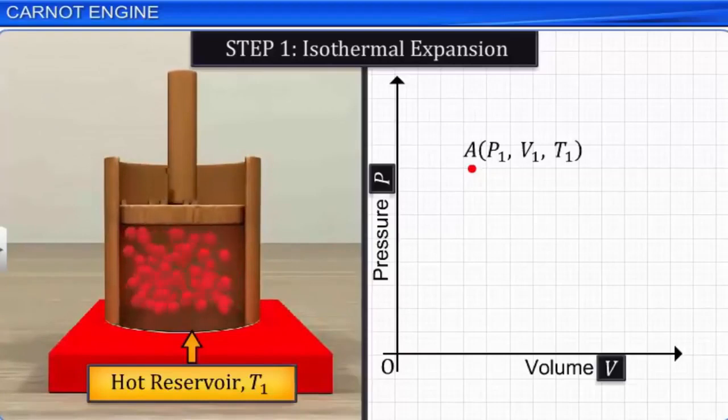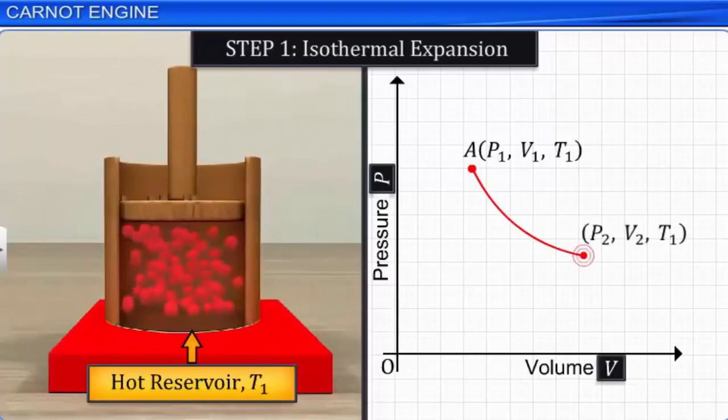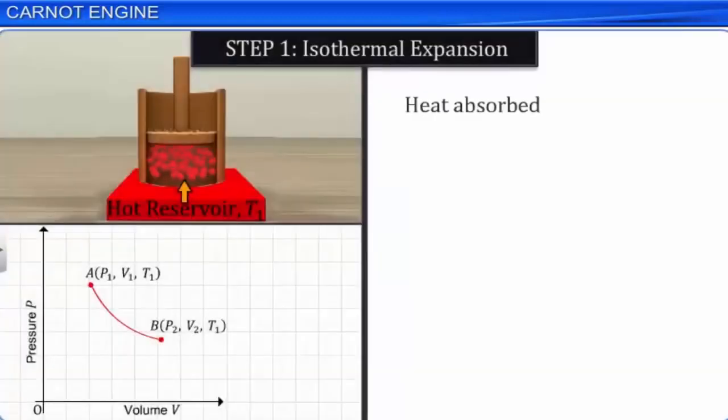Let the heat absorbed by the gas be QAB and the work done by the gas be WAB. For an isothermal process, there is no change in the temperature of the system, and hence the change in the internal energy is zero.